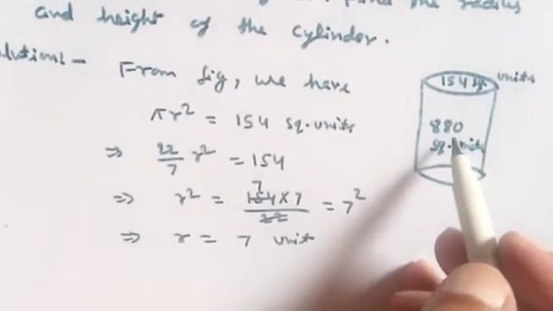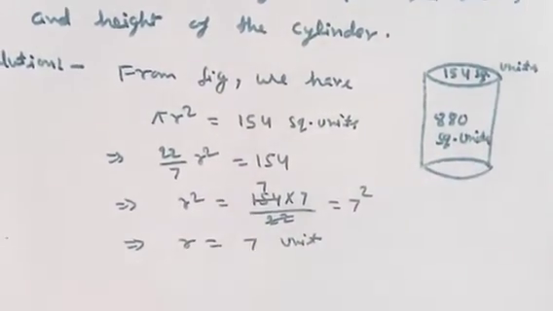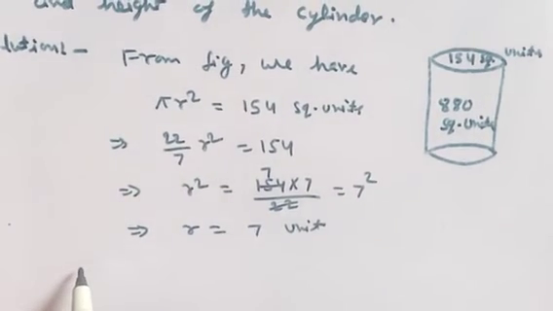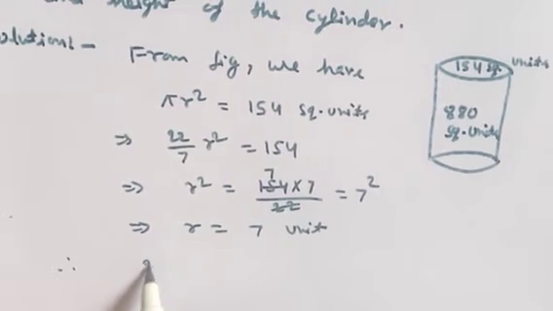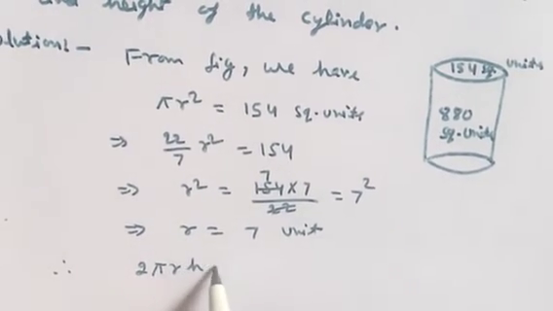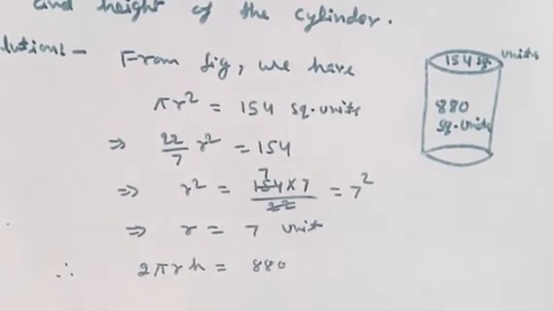Now this is given the curved surface area of cylinder. So 2 pi rh is equal to 880.